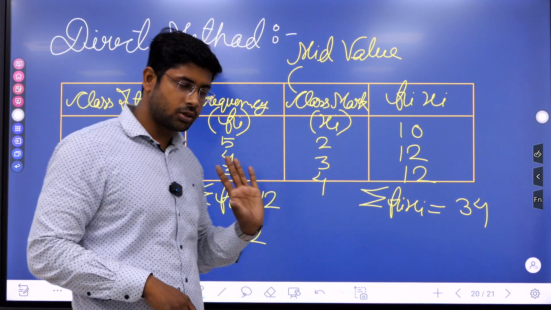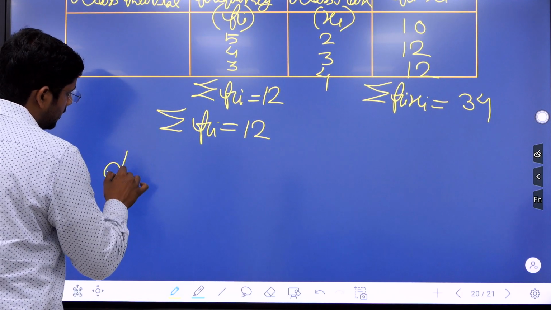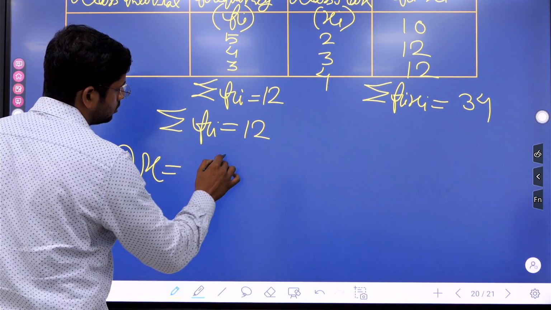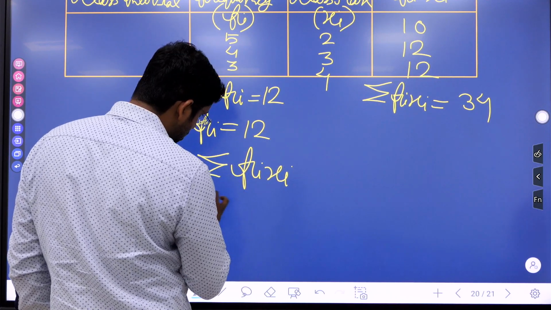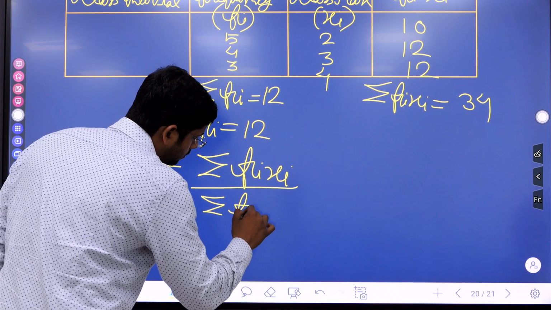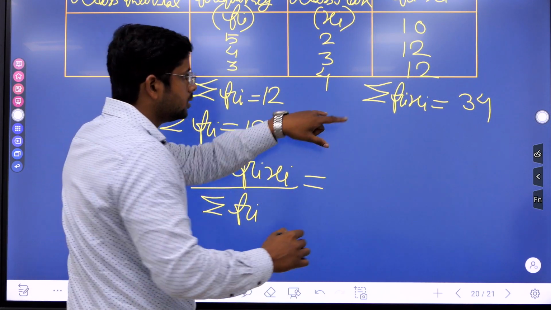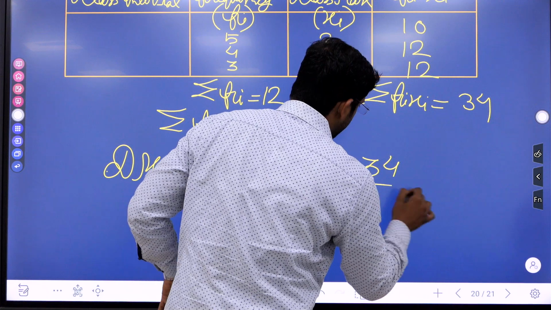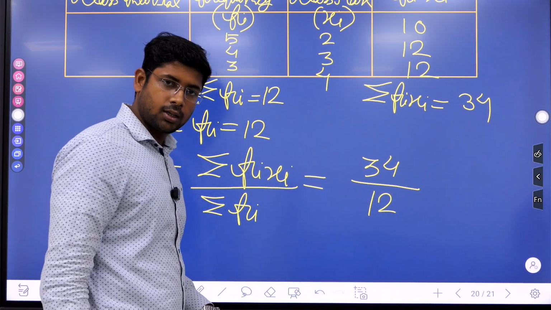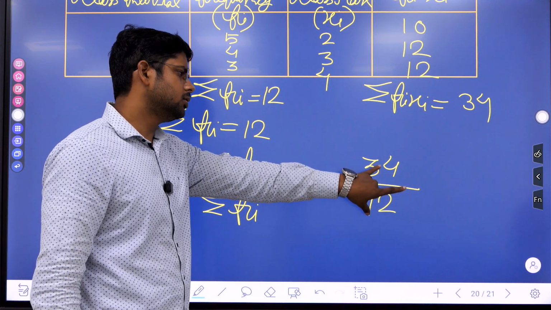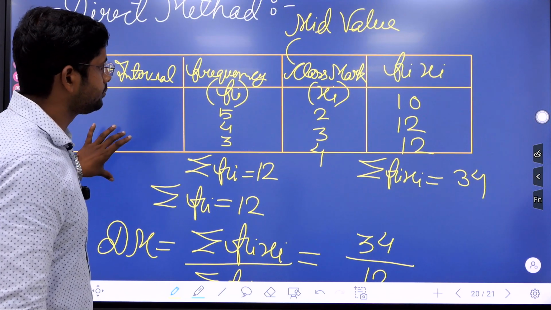The arithmetic mean by the direct method equals summation of fi xi upon summation of fi. The summation of fi xi is 34, and the summation of fi is 12. Then you divide, and you get the answer in decimals. So that is all about the direct method.